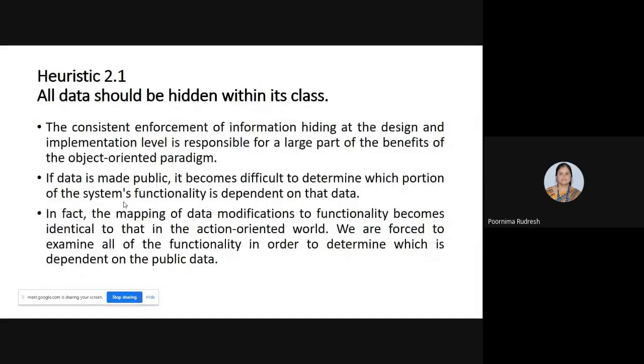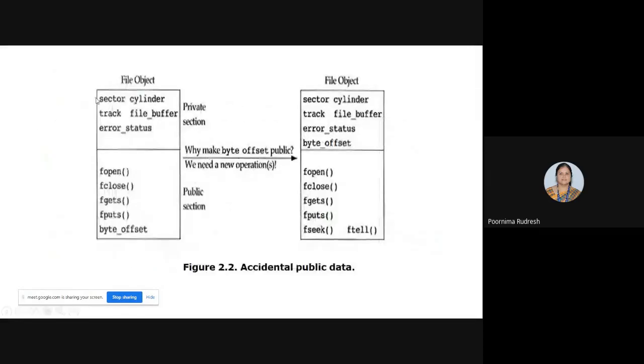But if data is made public, then it becomes difficult to determine which portion of the system's functionality is dependent on that data. For example, consider the file object. Here we have different file operations: open, close, gets, puts, etc. And byte offset is also there. This is the data, and if we make this data public, then a problem arises.